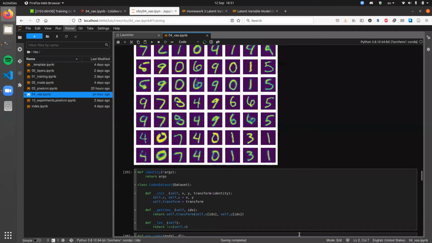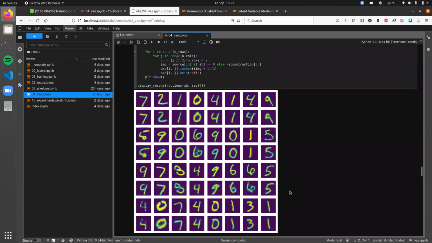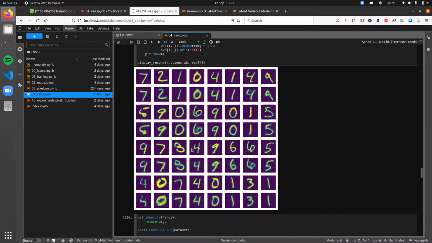Yeah, in this case it is not so easy to vary things as we did in the case of the variational autoencoder. There, we could take two latent representations of, say, 9 and 5, and construct a linear interpolation between those points in the latent space, and we hope that the decoding will be either a 9 or a 5 or something in between.